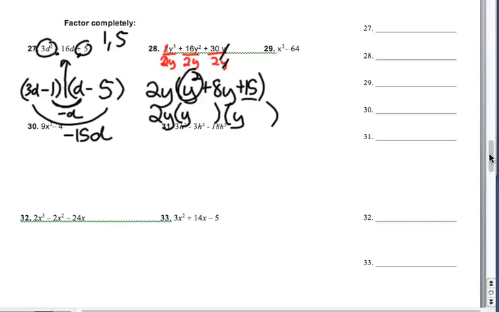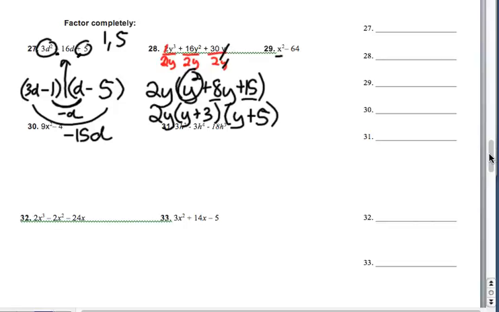Two things that multiply to 15 and add to 8. 3 and 5 multiply to 15 while adding to 8. So remember, if you can, keep going, okay? It's not always possible, but when it is, you should be doing so.